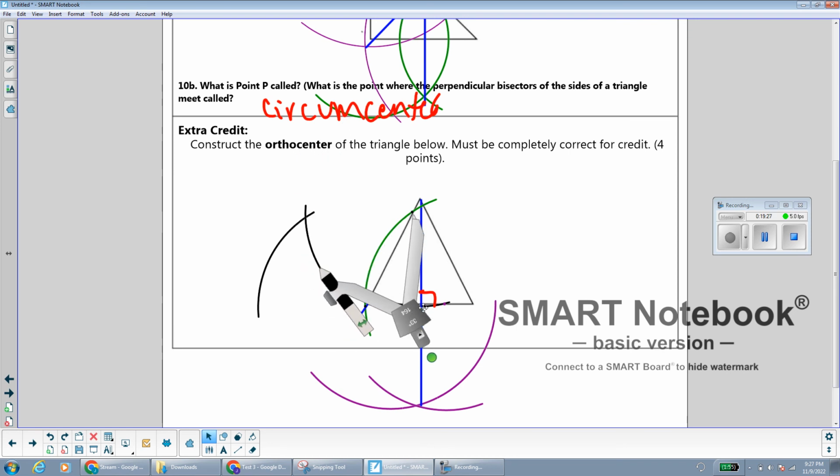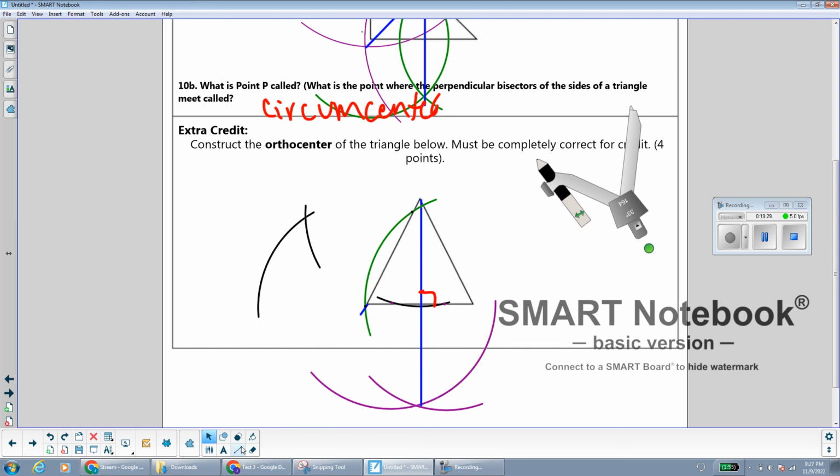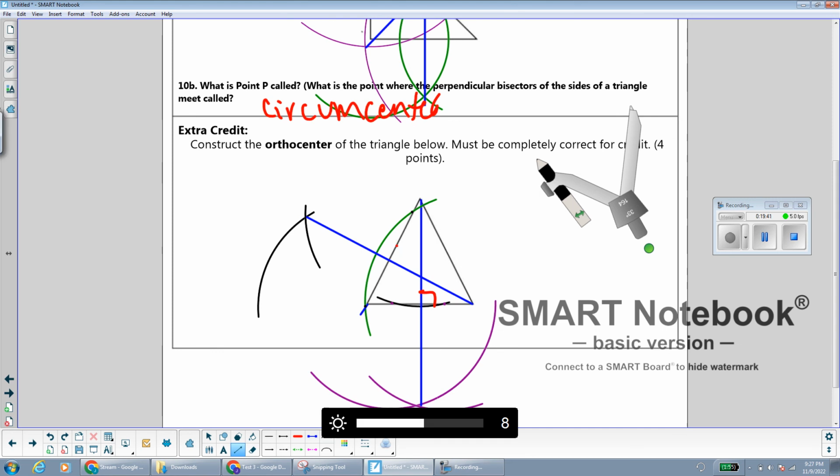And I'm going to make the same arc. Through that intersection point to the opposite vertex, I'm going to draw my altitude. And notice how my altitude is perpendicular to the side of the triangle. So here's my orthocenter, the intersection of the altitudes. And for an acute triangle like this one, it should definitely be inside the triangle.